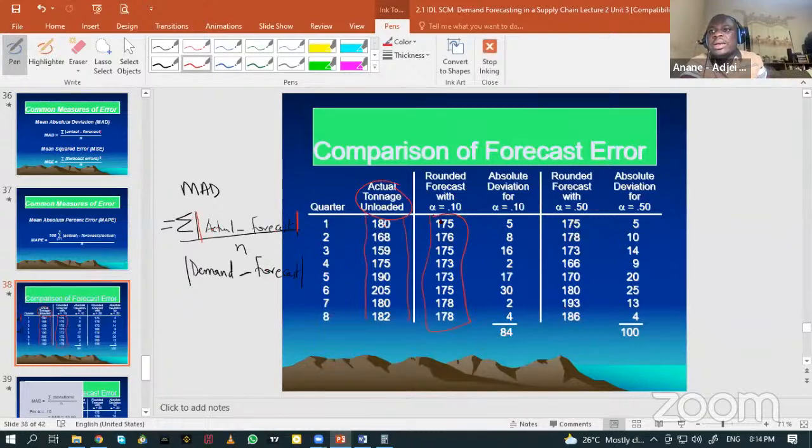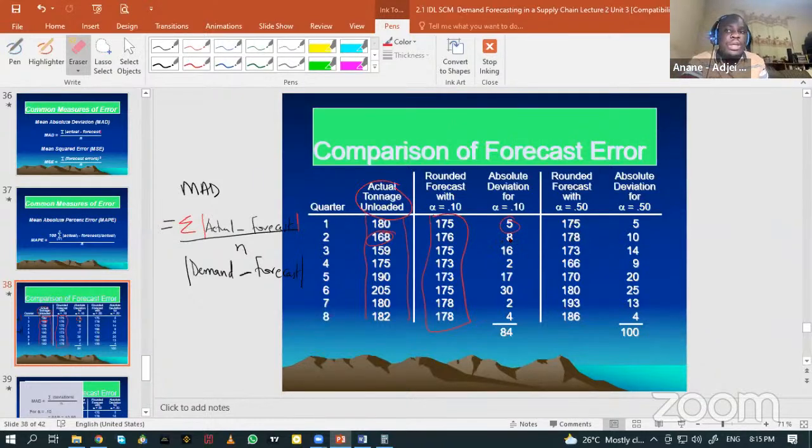180 minus 175 gave us 5 here. 168 minus 176 should have been -8, but the formula includes an absolute bar, so whatever figure you get, even if it's negative, you maintain it as positive.